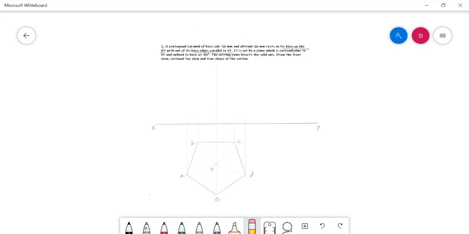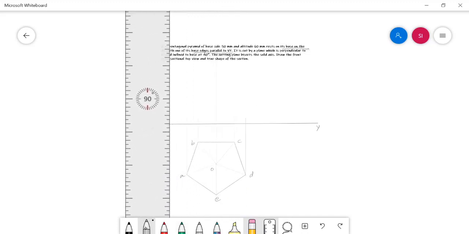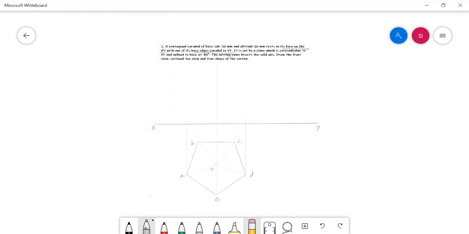Now, the axis height of the solid given in the problem is 60 mm. So at that height I have to mark the apex point in the lateral view of the solid.